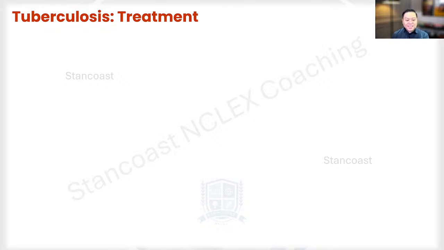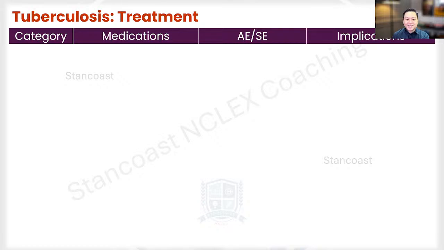Now, guys, at this point, we're going to talk about the latent TB infection. So what is the latent TB, or the LTBI? Well, this is what we mentioned earlier, that the person is infected, however, they do not have the manifestations yet. So they're basically asymptomatic. The bacteria is somewhat inactive, okay?